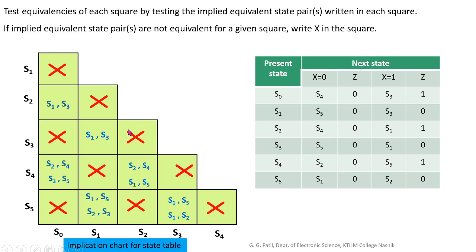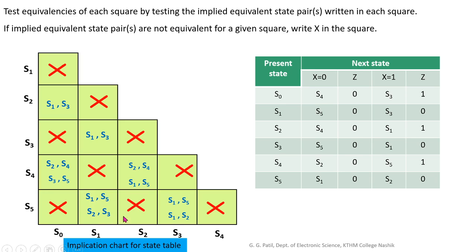Here S2 S3 is crossed, so we have to place a cross mark in all the state squares which contain S2 S3. So this square gets crossed, S2 S3.